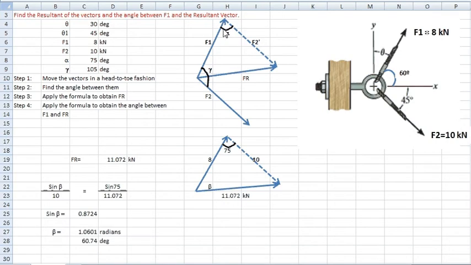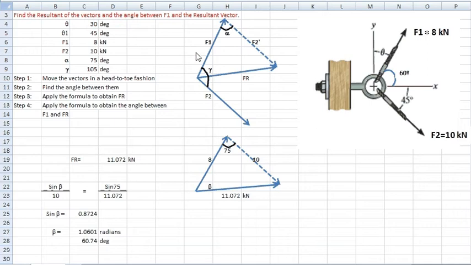The angle between them is not given directly, but it's easy to find. The angle between F1 and Y is 30 degrees, given here, and so the angle between F1 and the x-axis becomes 60 degrees. Okay, and so 60 plus 45 is 105, so gamma here is 105 degrees.